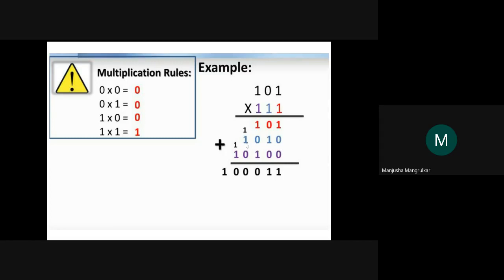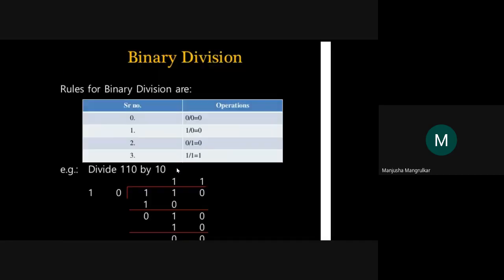So what will we get? 101. Third, again the purple one, we leave 2 LSB bits, and this purple 1 is multiplied by 101. So what will we get? 101. And we'll add all these three. So this is the result of the multiplication of 101 into 111. The same process is used in binary.